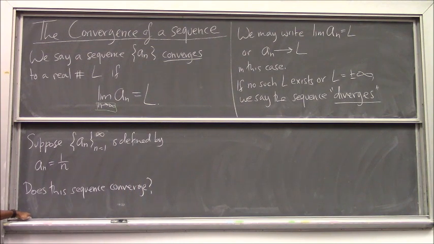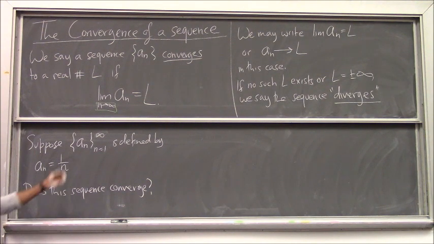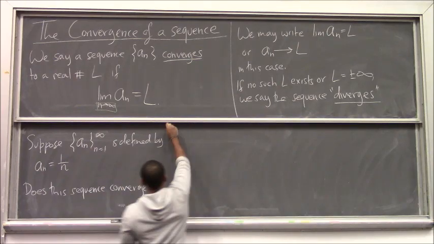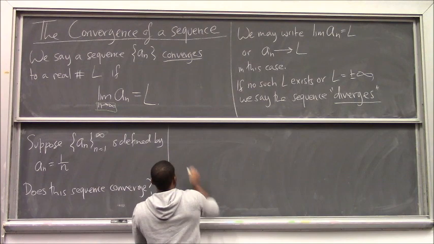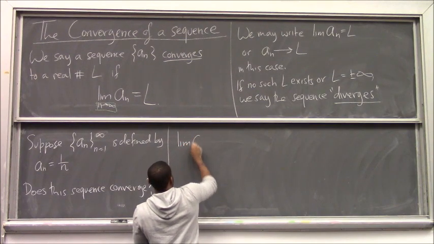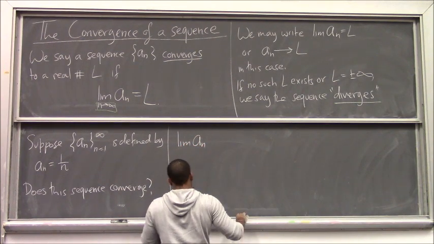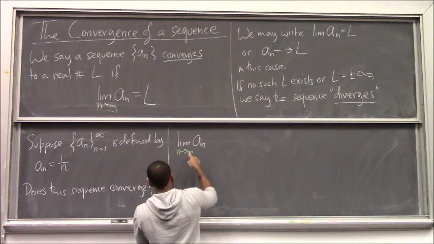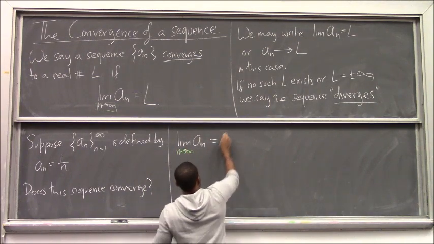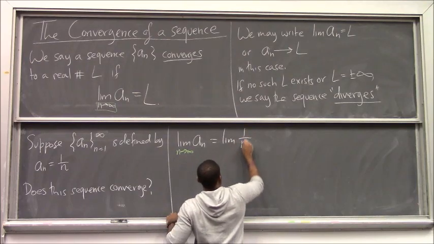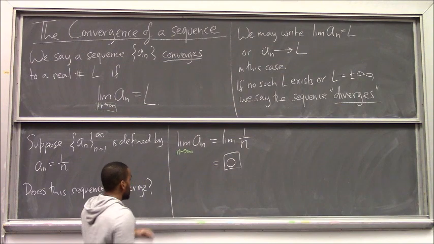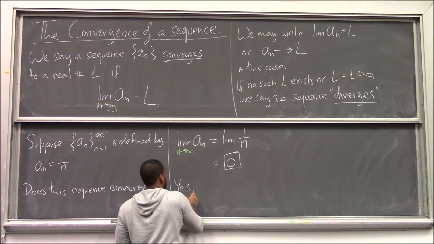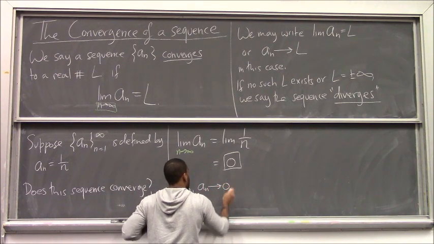When you want to know whether a sequence converges or not, what you're going to do is take the limit of the sequence. Always what you do. Now, you will notice that if I took the limit of a_n, n approaches infinity is implied, and I'll talk about why that's implied, this just means the limit as n approaches infinity of 1 over n, which everyone would know at this point is 0. So I can say, yes, a_n converges to 0.